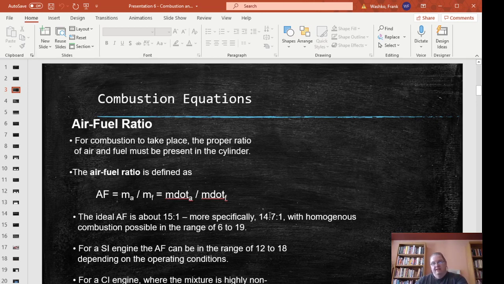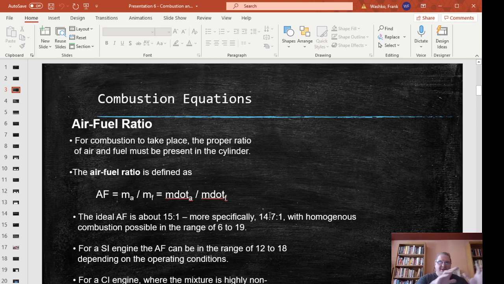On the other hand, if you have too little fuel for the given mass, then there are going to be pockets where you burn up all the fuel, but there's still air left over. So you're not going to get complete combustion of all the air charge.